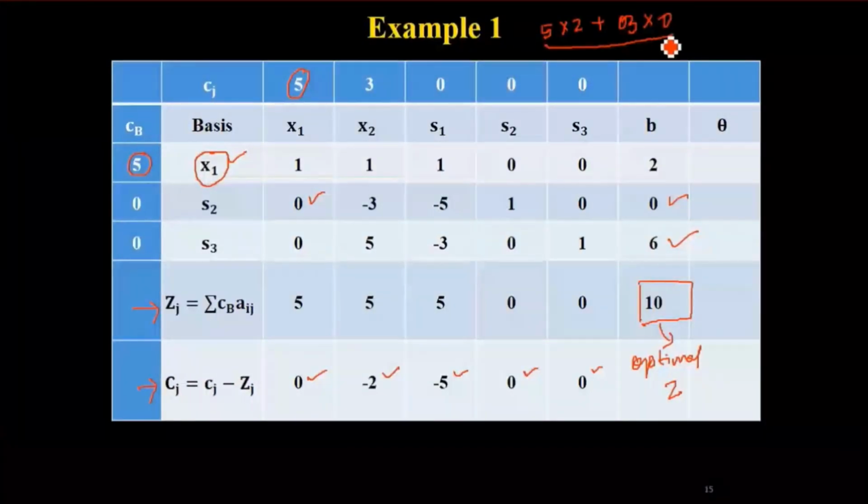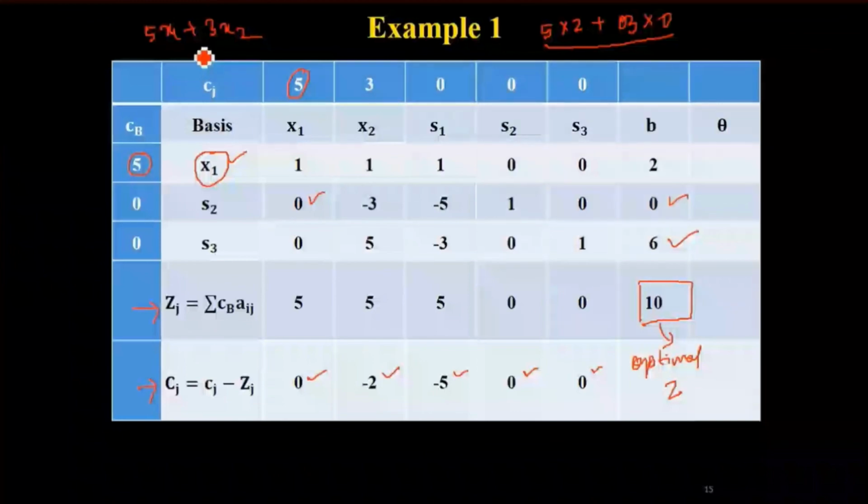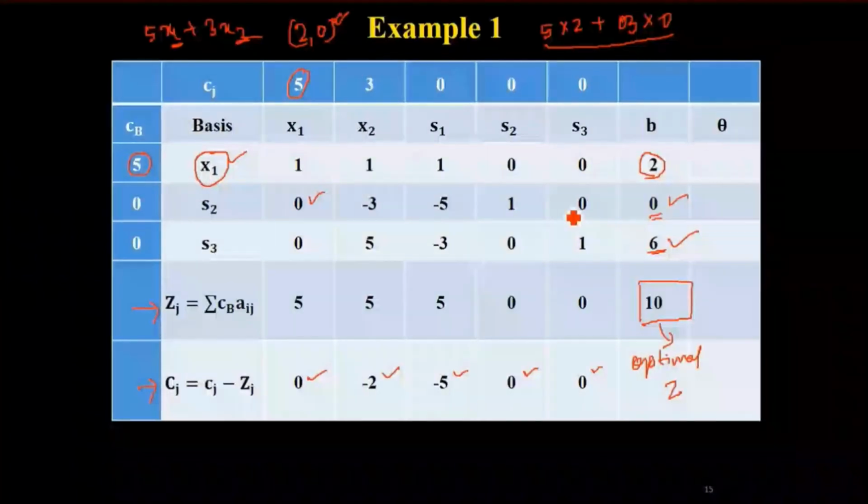So this is the solution: 5 into 2 is 10, because we have 5x1 plus 3x2. So x1 is 2 and x2 is 0, and there will be no contribution for s because those are the variables we introduced to solve the problem. So we are getting the solution as 2, 0, and the optimal Z value will be 10.